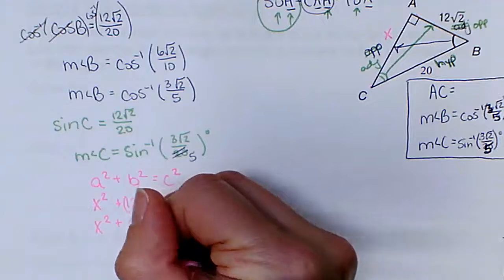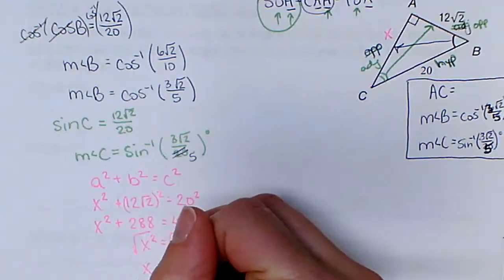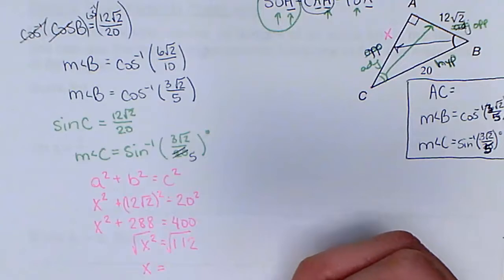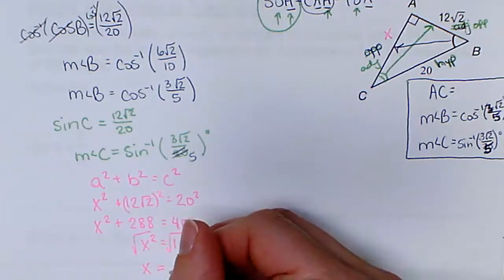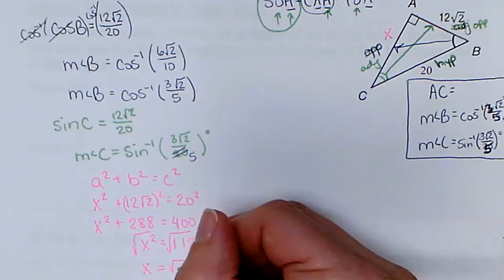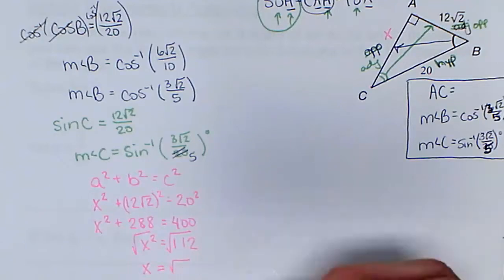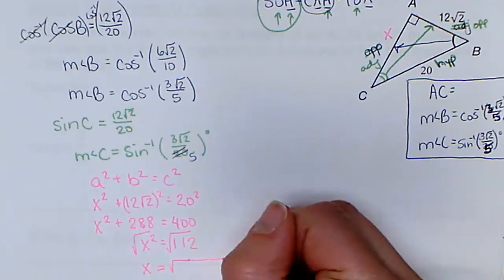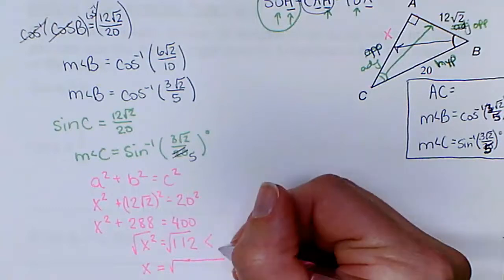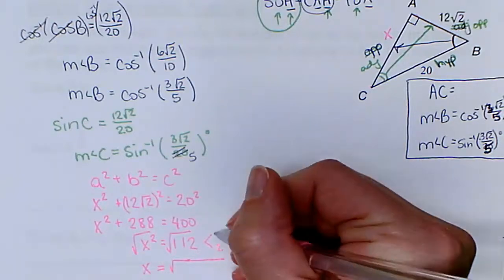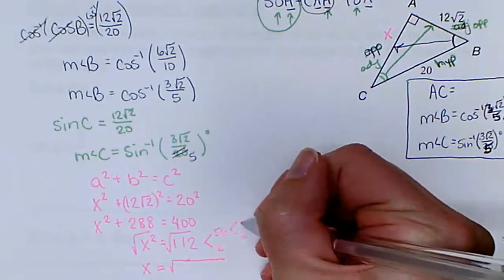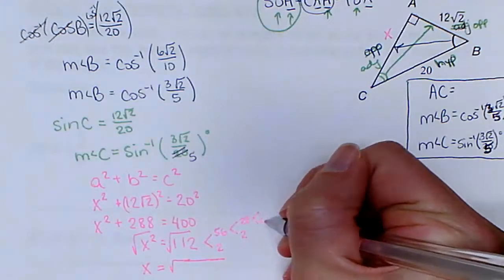And if I square root both sides, I get x equals... if I break this up, let's break it up this way. So 2 times 56 and 2 times 28 and 4 times 7.